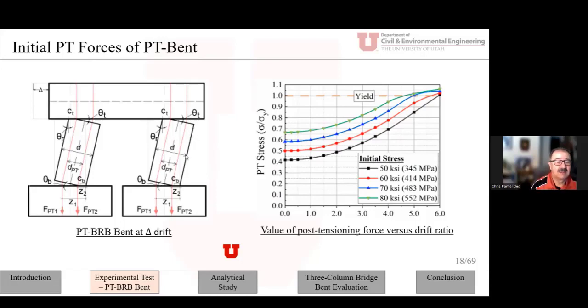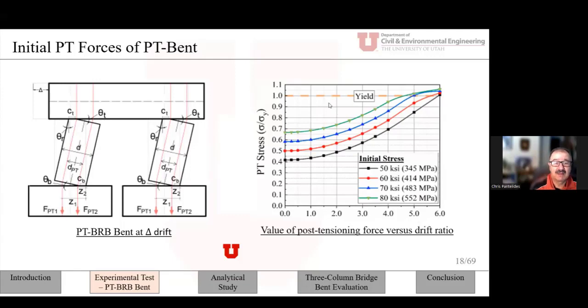So obviously, if we started out with 80 KSI, we actually would have yielded the post-tensioning bars at 4.5% drift ratio. So in our case, we started with a relatively low initial post-tensioning stress, about 50% of the yield, which is roughly 60 KSI.